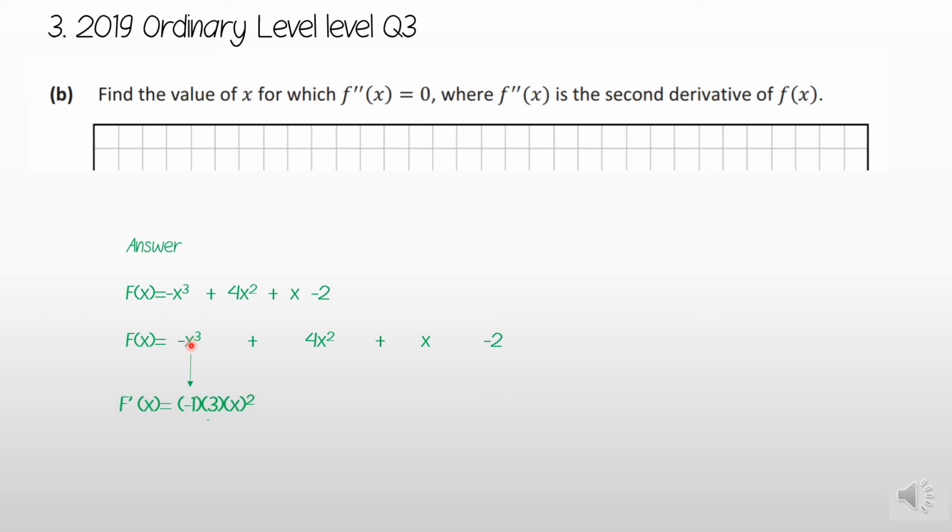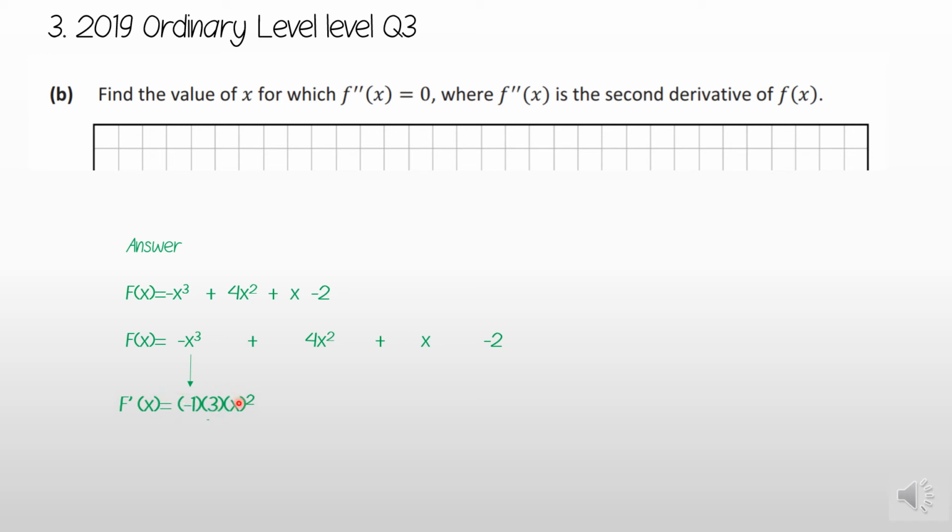When you differentiate x cubed, you write the number that was in front of it before, which is -1. Then you write the power that was there before, which is 3, and then you write x to the power of whatever the power was, minus 1. So 3 minus 1 is 2. These are the steps involved. Obviously you can do this much quicker, but this assumes you need a refresher on differentiation or haven't done it before.